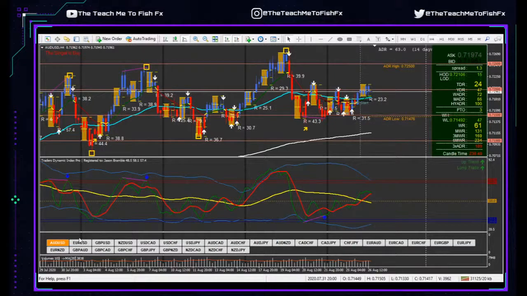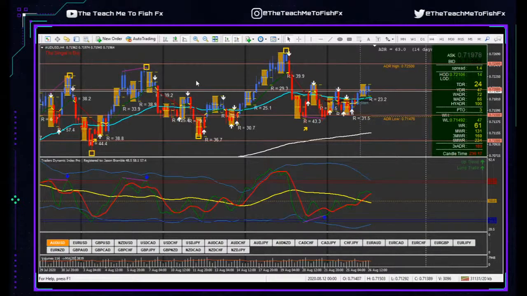Before we go any further, please remember that these exhaustion squares do repaint. Any indicator that tells you where the market turns around will repaint. There's no indicator that can predict when the market will turn around.